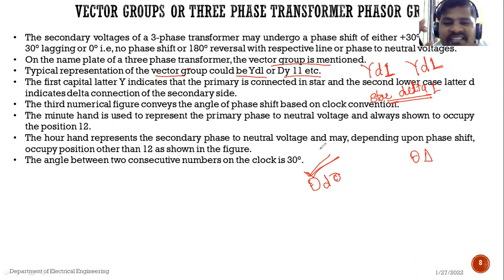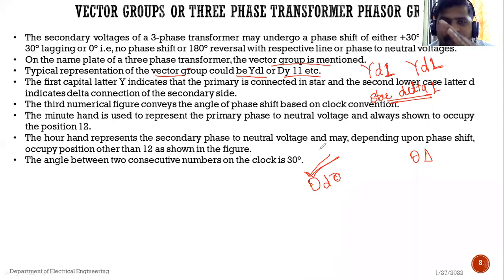हा, small letter means secondary winding, or we can also call it HV, LV, high voltage winding, low voltage winding. Suppose a small letter is nothing but the LV winding. So the LV winding is represented by a small d, that means the secondary side is also connected in delta. बघा मिनिंग लक्षात घ्या.